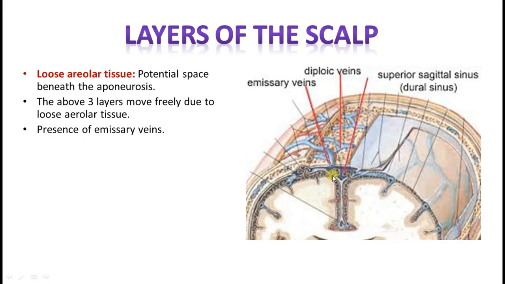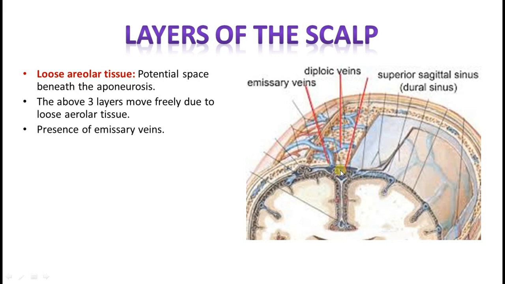Here you are able to see one triangular space filled with venous blood, that is the superior sagittal sinus. And these flower-like expansions are the arachnoid villi, through which the cerebrospinal fluid is drained into these venous sinuses.